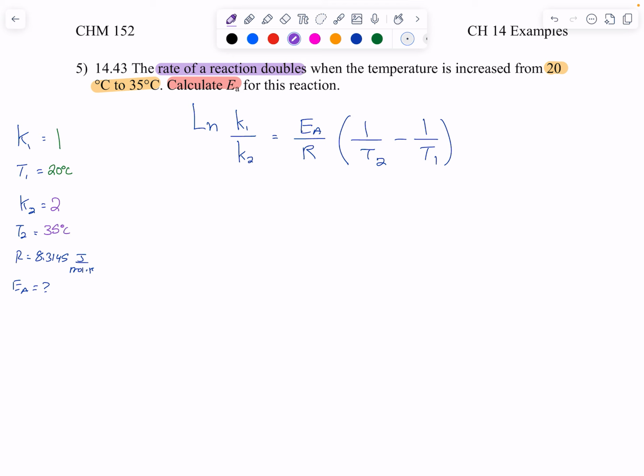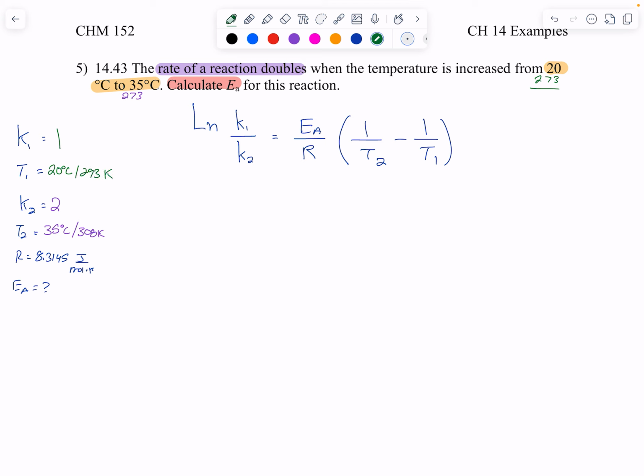All right, now we have to go to Kelvin, so we have to add, right? Remember, you add 273. So 35 would be 308, and 20, 273 would be 293.